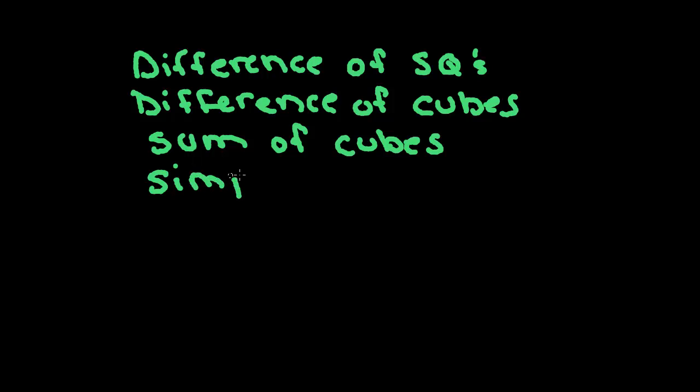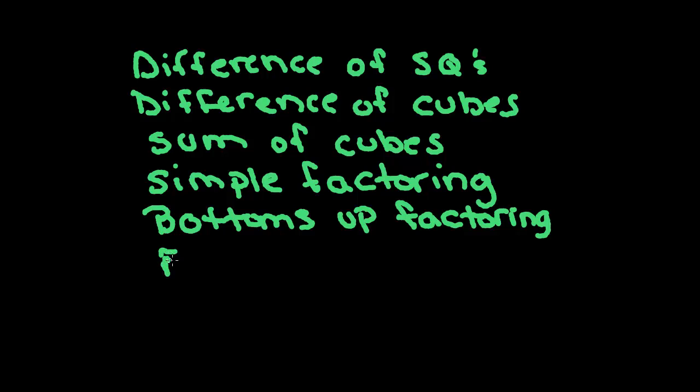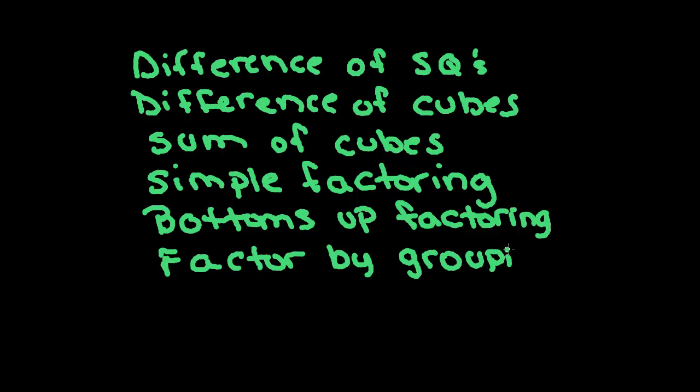remind you how to do simple factoring, and when it's done, bottoms up factoring, factor by grouping, and one other method that I refer to as let x equal something method.